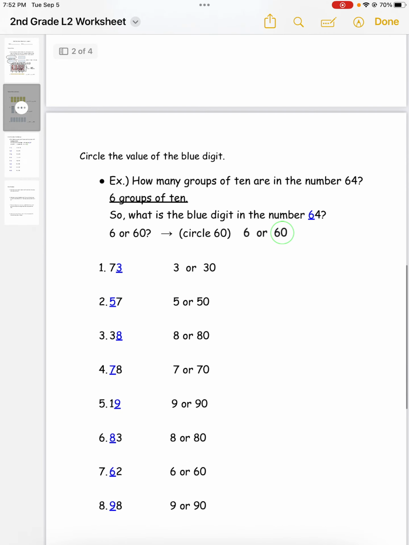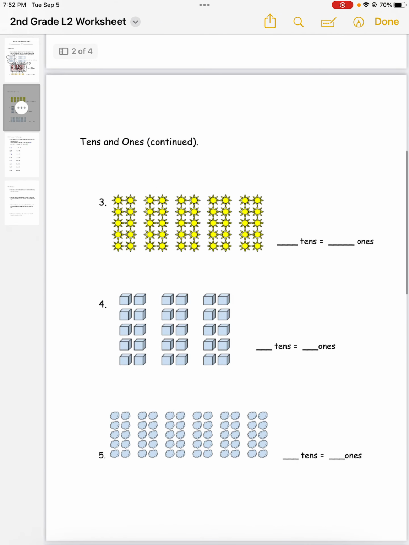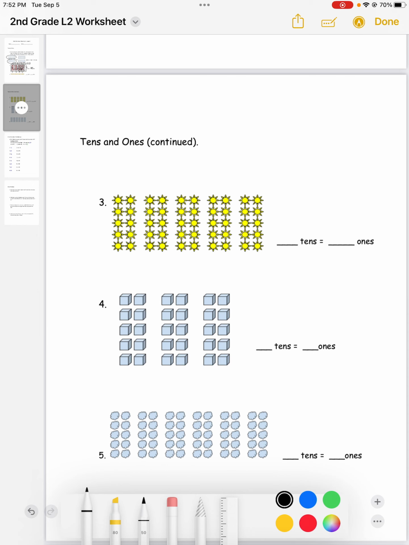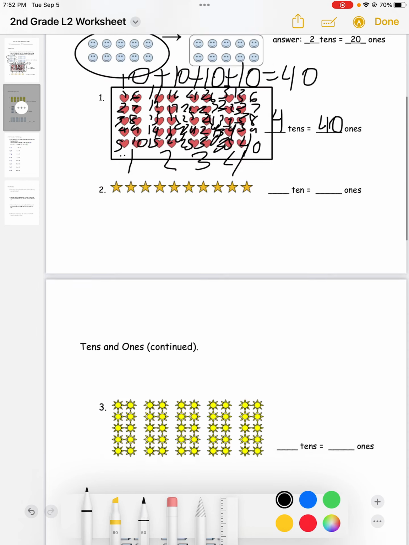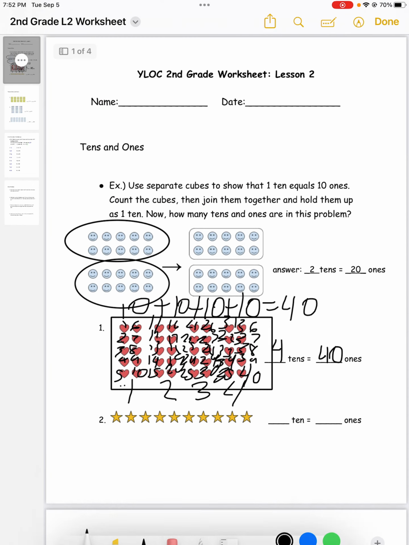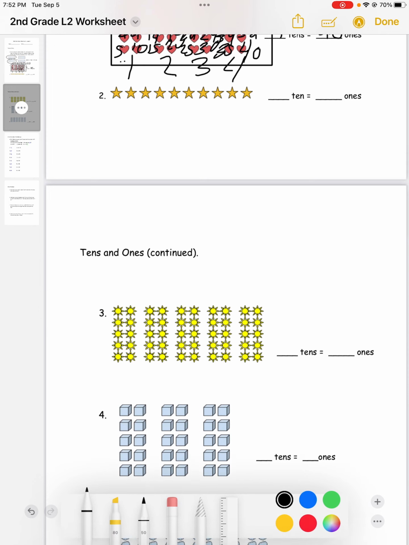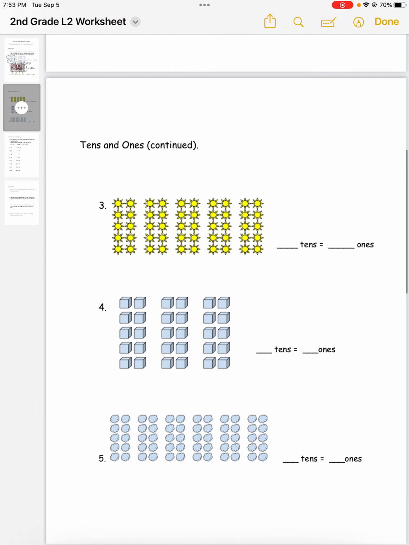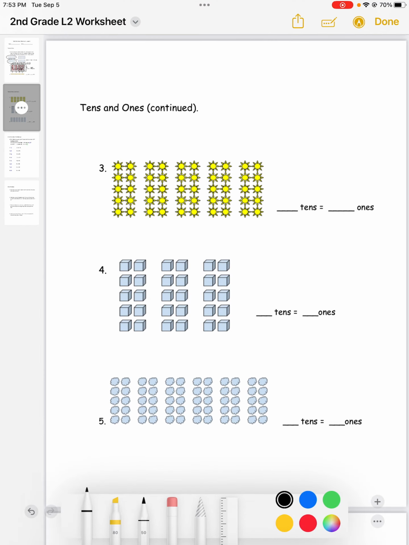Now, let's do page 2. So tens and ones continued. Now we have suns here, so we could count this.